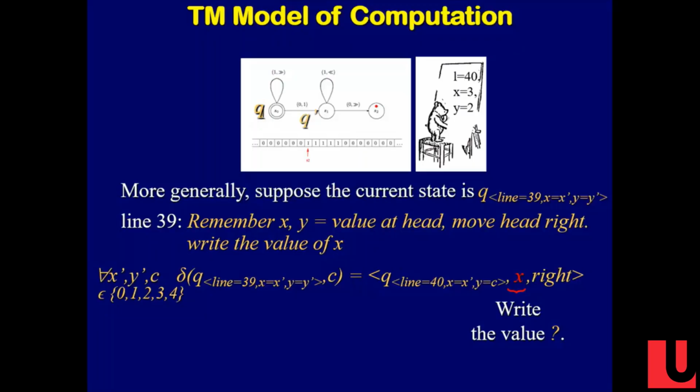Now maybe we're expanding the tape so that it can be 0 through 5. Or maybe I know that in line 39, X will only have the value 0 or 1. X can have the range of 0 to 4, but I happen to have an invariant that tells me right now X is 0 or 1. I'm just giving you some things that you can do. Everybody good?